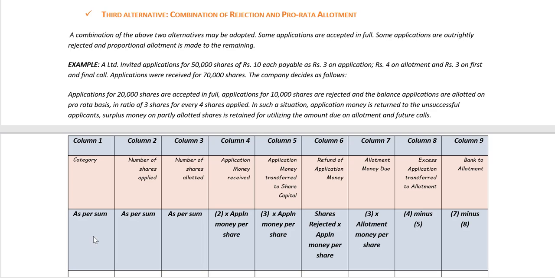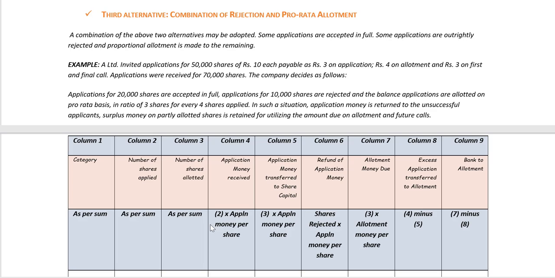If it is not given in the sum, we can choose our category. We can say 1, 2, 3 or A, B, C and so on. The second column is the number of shares applied in that specific category. The column 3 is the number of shares allotted for the shares applied in that category.